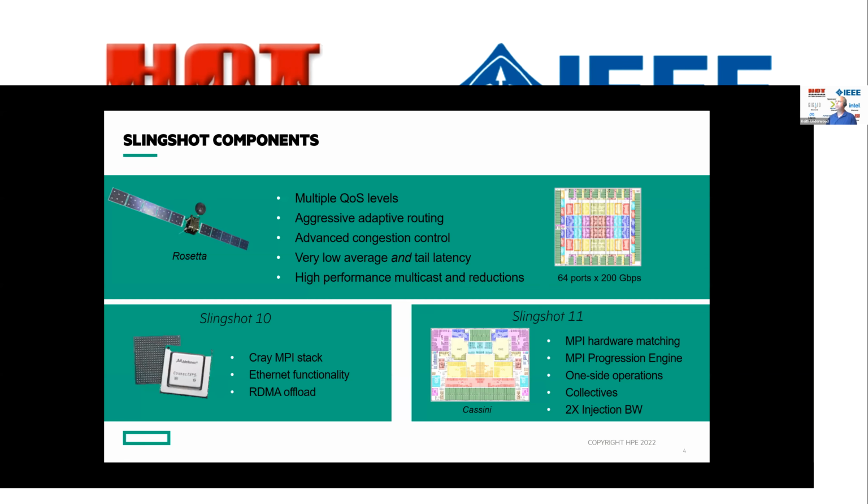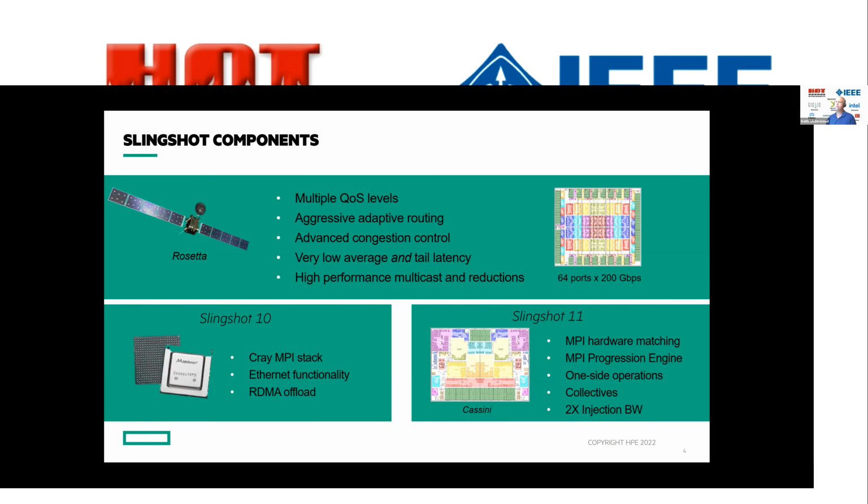If we take a look at the components of Slingshot, there's the Rosetta switch pictured on the right here. It supports multiple QoS levels, adaptive routing, congestion control that we talked about, as well as high performance multicast and reductions. What we called Slingshot 10 was a combination of Mellanox NICs with Rosetta switches. You saw that solution in the Perlmutter system at NERSC.